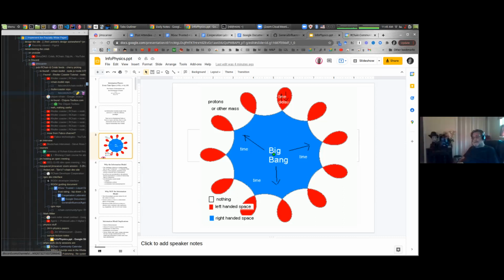But in any case, each twist in space-time, each quantum creation operation, creates an equal and opposite twist in space-time that's two-dimensional.